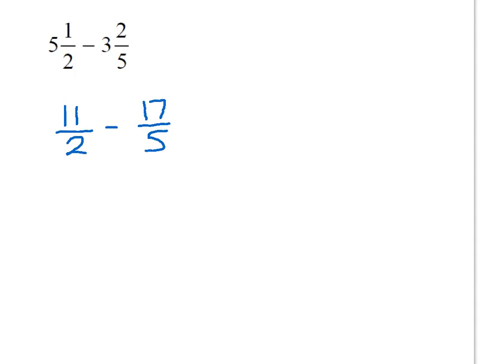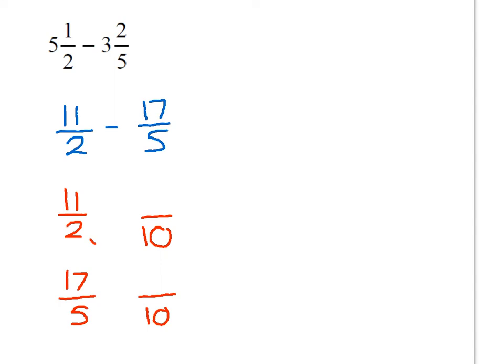Of course, we can't do anything with these two fractions at the moment because they've not got the same denominator. So we're going to make them the same. We'll write them both out again. And because the denominators are 2 and 5, then the most sensible number to choose that they both go into is 10.